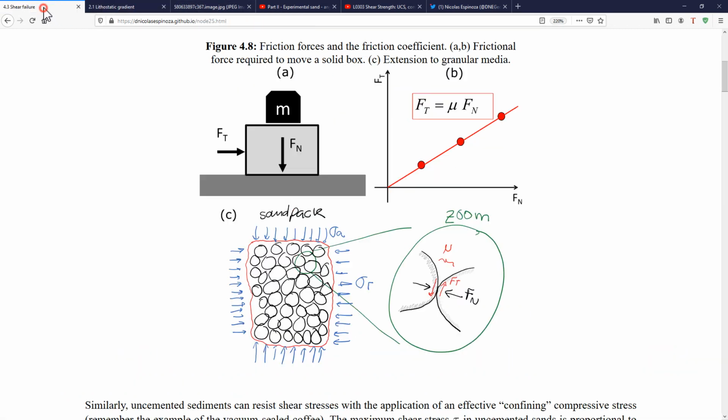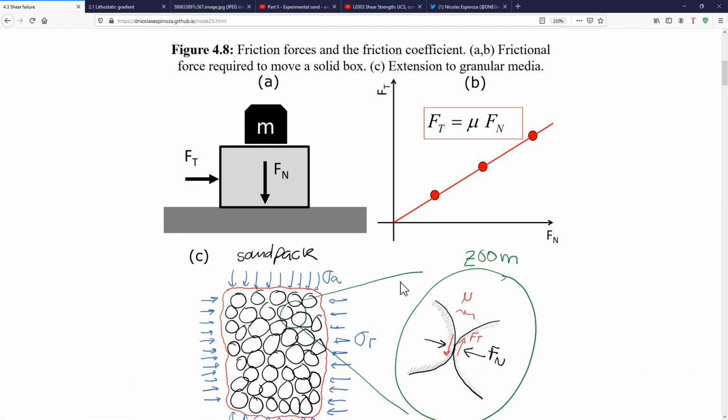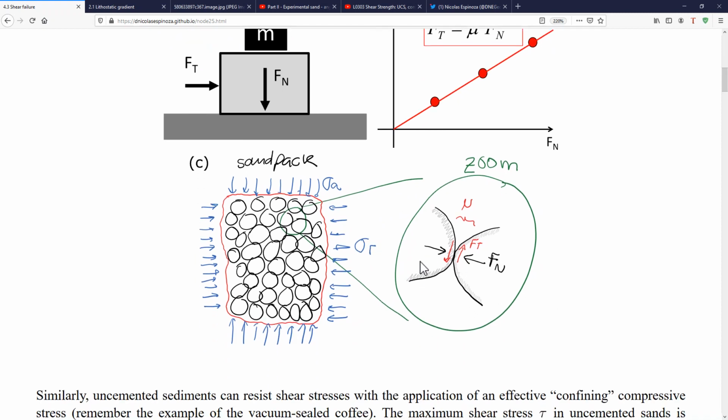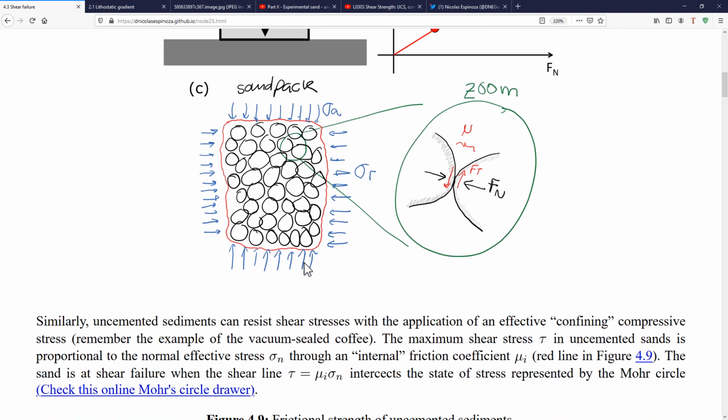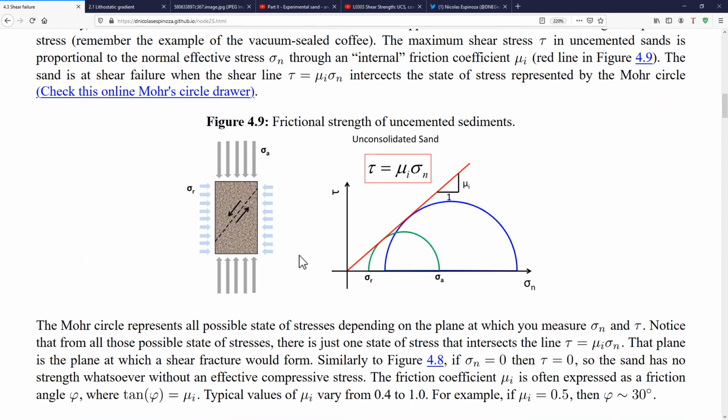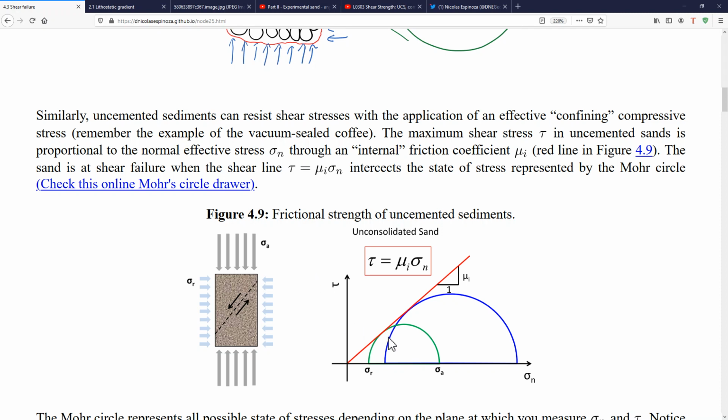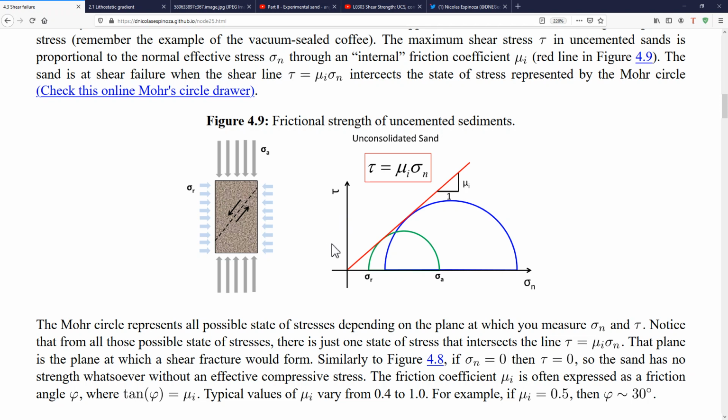let's come back over here. And now if we try to write equations that will help us understand what is the strength of this material, it's going to look very similar to the case we had before, but now I'm going to put this in terms of stresses. And what you see over here are more circles in which this is plotted with the shear stress in the y-axis and the normal effective stress on the x-axis.